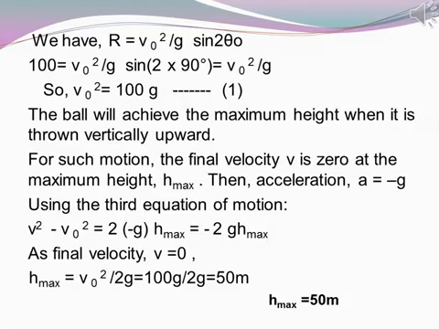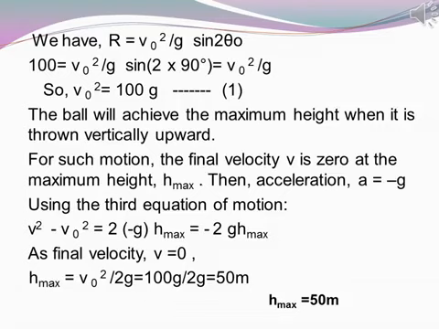Using the third equation of motion, v square minus u square is equal to 2as. Since u is equal to v0, s is equal to h maximum and a is equal to minus g, then the expression becomes v square minus v0 square is equal to 2 into minus g into h maximum, which is equal to minus 2g h maximum.